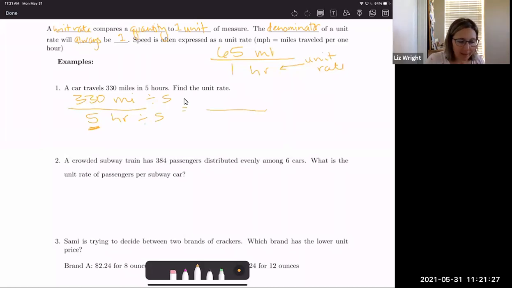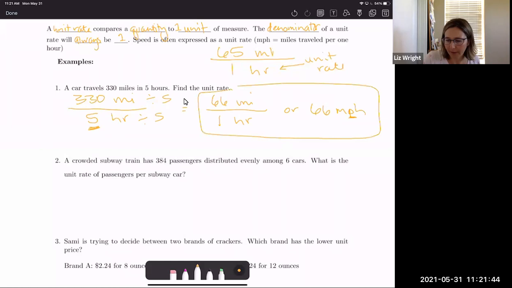And so once you divide that by 5, you should end up with 66 miles per 1 hour. Or if you want, you can write it as 66 miles per hour because that per stands for the fraction bar. So either one of those is totally fine.